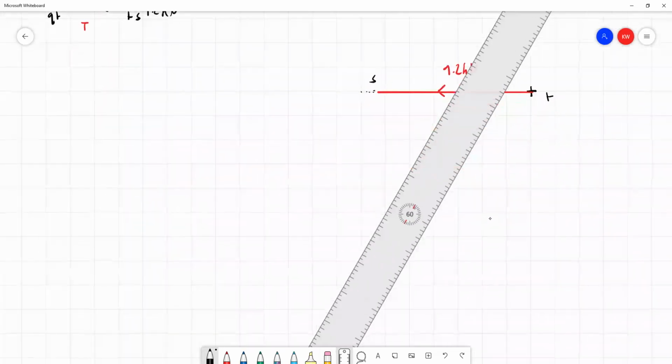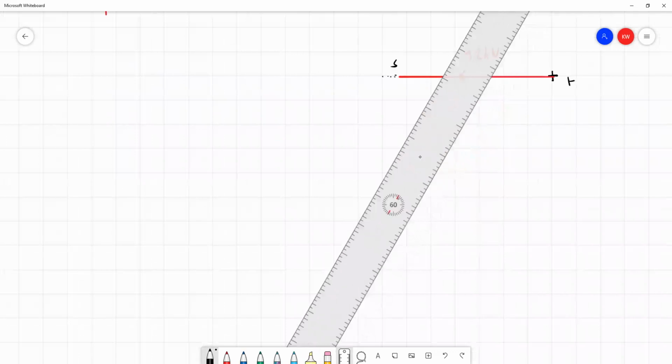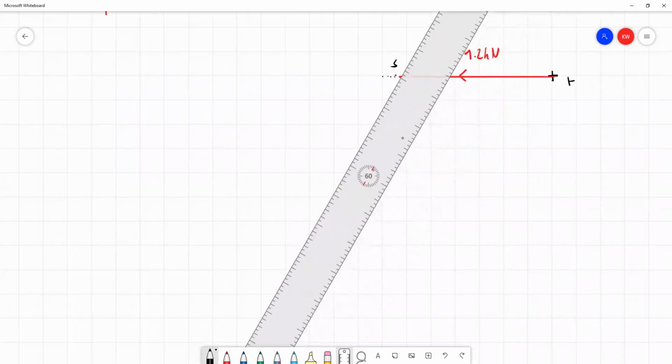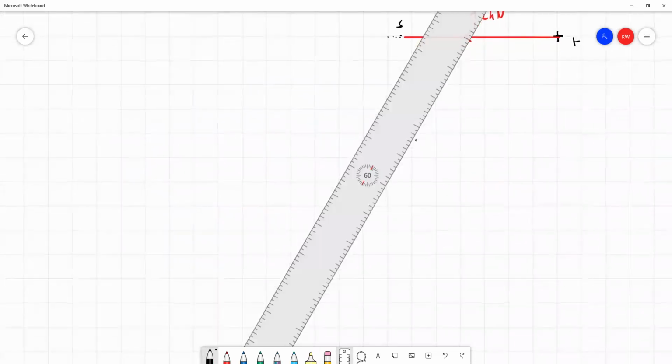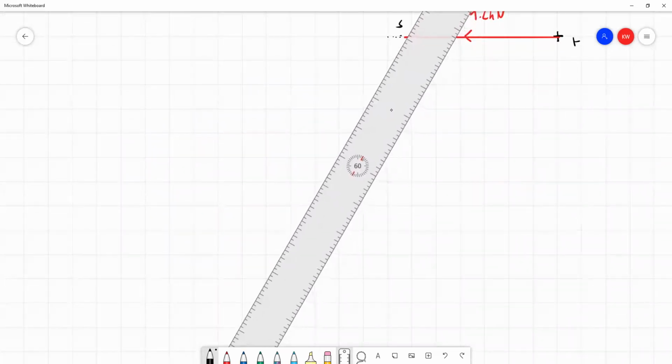I'm going to draw in an 18.5 kilonewton line to represent, and I think this is the member BD that we established in the last part of the question. So let's move this, it just fits in my page if I remember correctly.